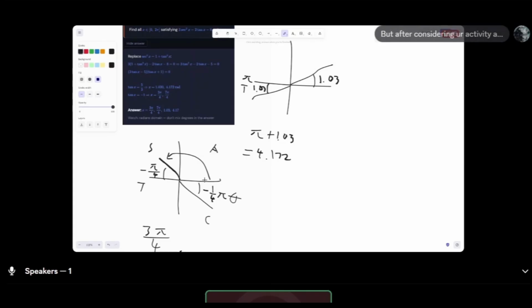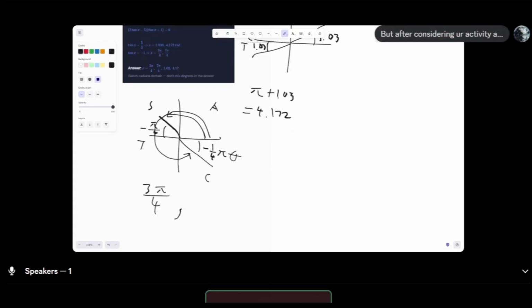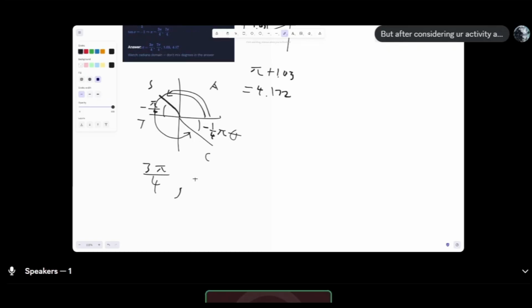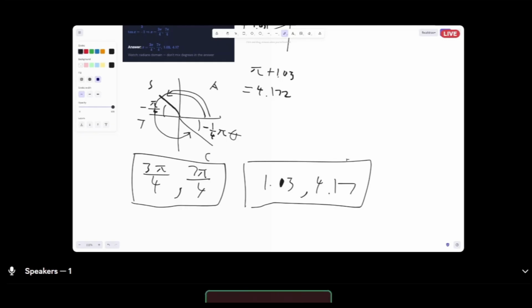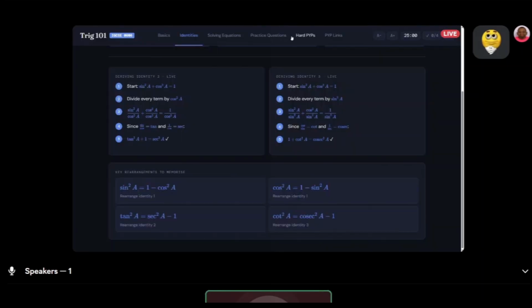The second answer will be from A, and then you drag it all the way along to C here. So this is 2 pi minus 1 over 4 pi, so 7 pi over 4. That's how you get your answer, and your other two, 1.03 and 4.17. These are in radians, by the way. So the question is covered.